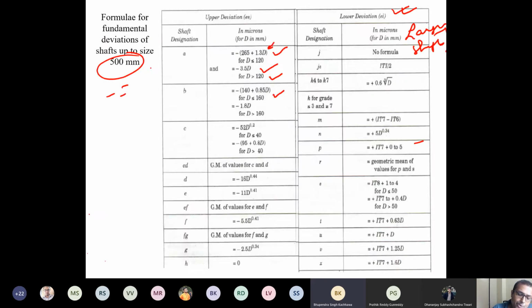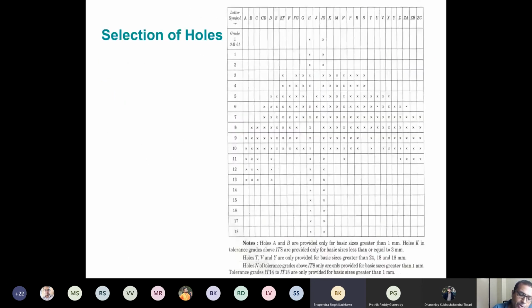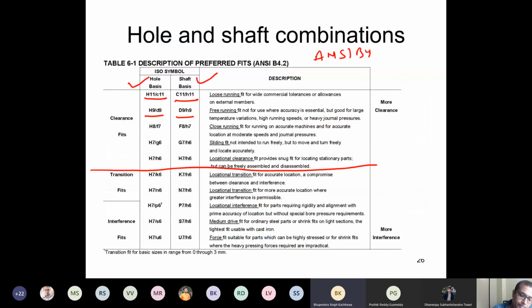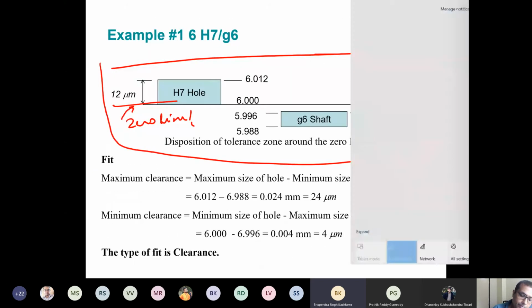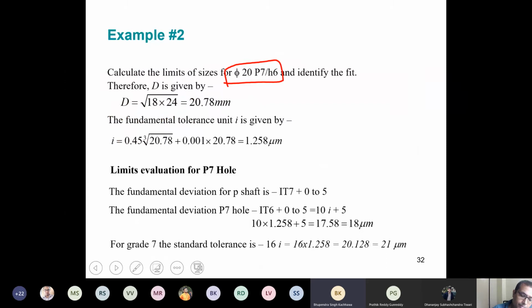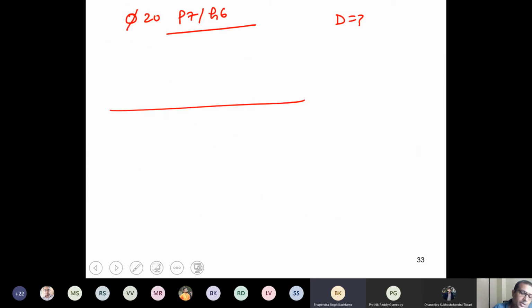So D will be root over 18 by 24, which is equal to 20.78. If you go ahead and do the math, this will be 20.78.